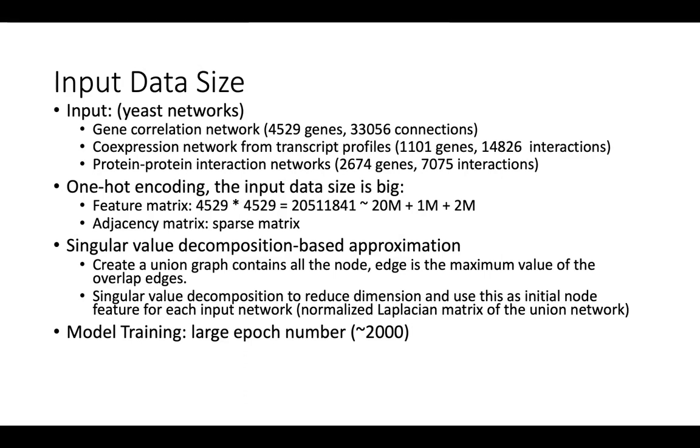Yes. And for the model training, I found in their original log file that they have very large epoch numbers, like 2000. Is that normal in a network like this? Yeah, given the size of that, I'm not surprised. It depends on when it can converge.